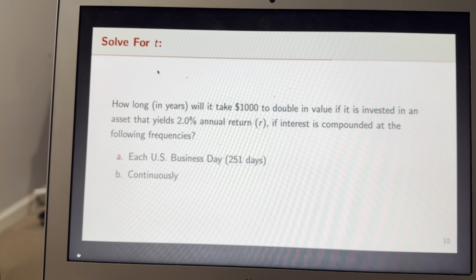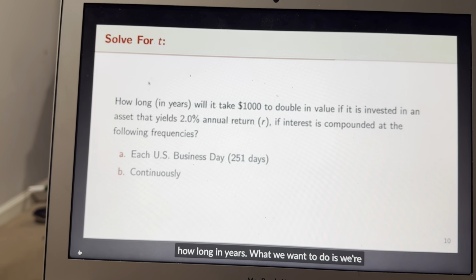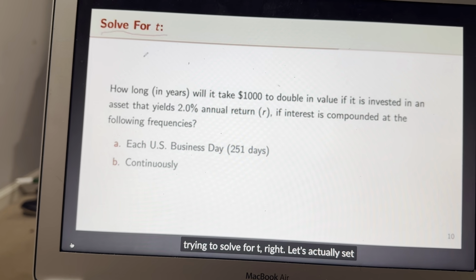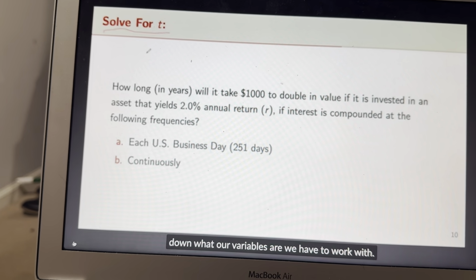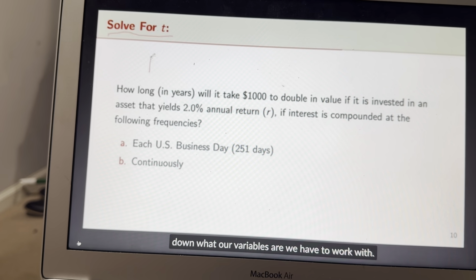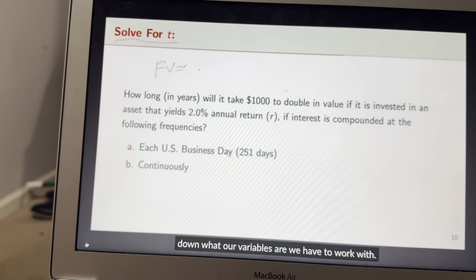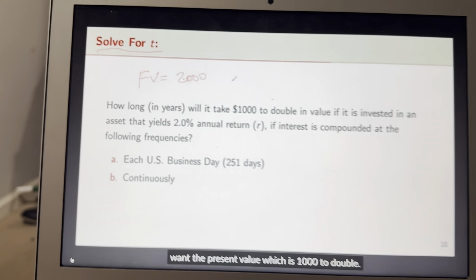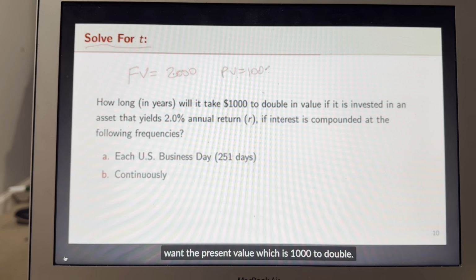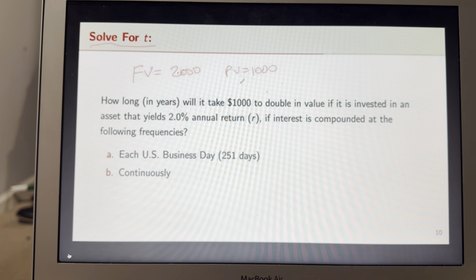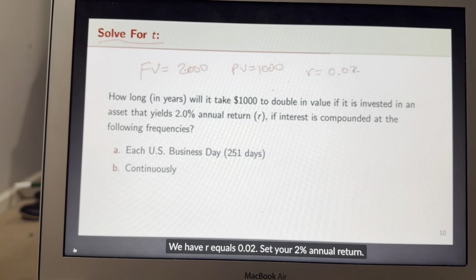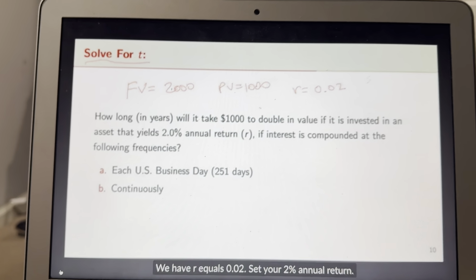We're trying to solve for T. Let's set down what variables we have to work with. We're looking for a future value of 2,000, so we want the present value, which is 1,000, to double. We have R equals 0.02, your 2% annual return.